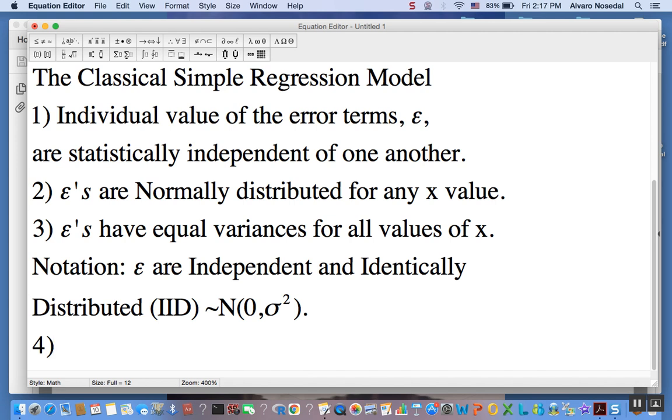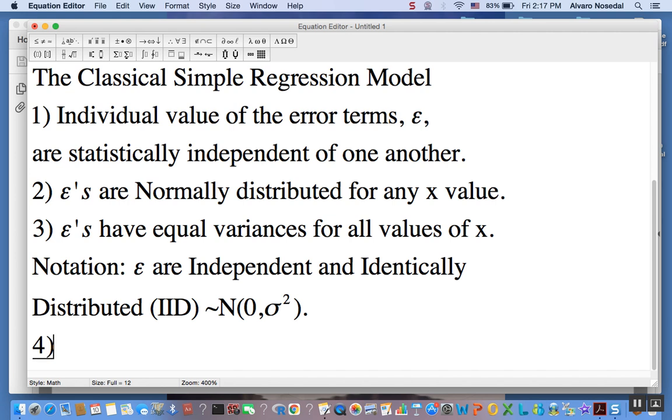Assumption number 4. The means of the dependent variable y for all specified values of the independent variable x can be connected by a straight line called the population regression model.